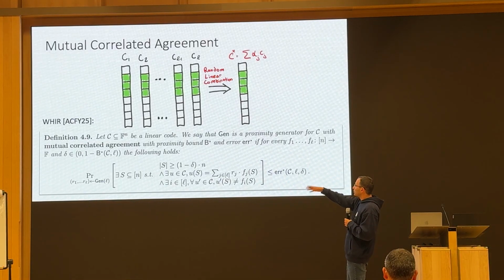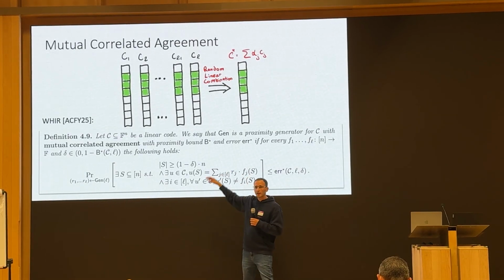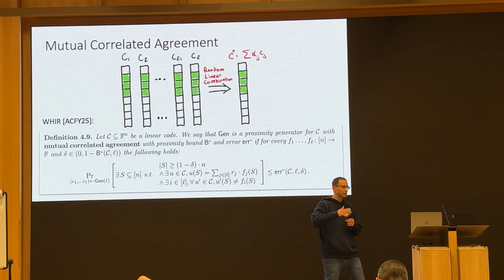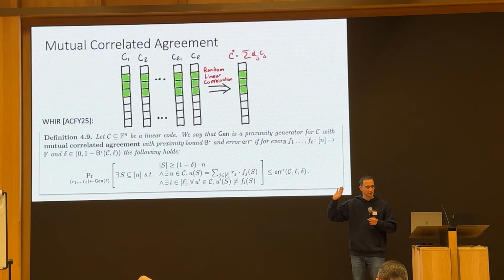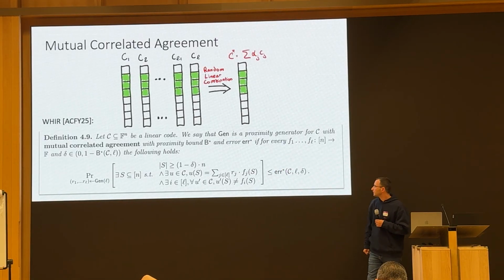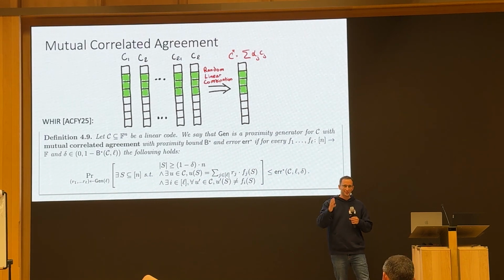We say that it has mutual correlated agreement with proximity bound B star. This is up to what distance you can do. Johnson capacity, so it's some B star, and you get some error. This is our epsilon. In the paper we have many epsilons, so we cannot just call it epsilon.